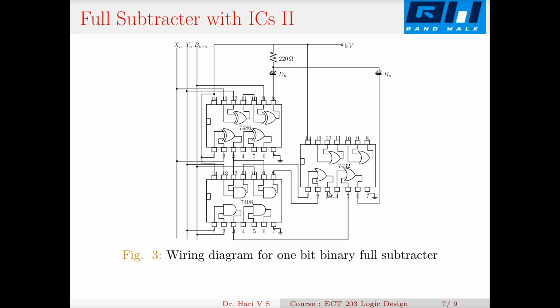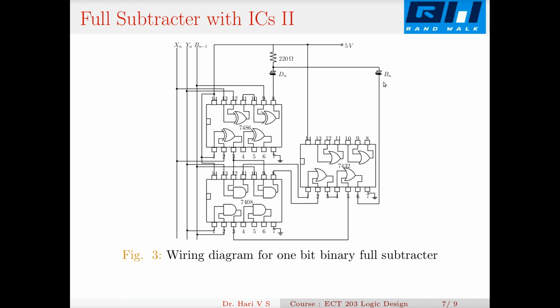So the output of the first OR is connected to an input of the second OR gate, to which I give this input. What is this? This is my bn minus 1 and yn. This AND output comes here. So this sixth pin is my difference. Sorry, this is my borrow. The sixth pin is my borrow.